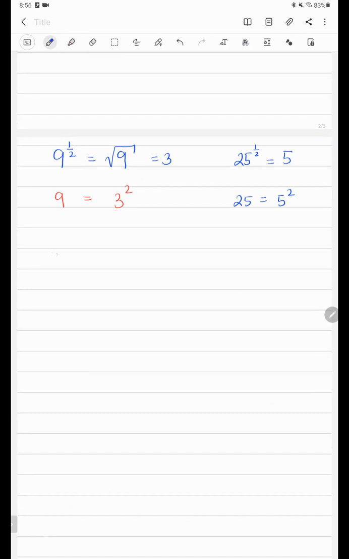Okay. Now, if I have any number, let's say 81 to the power 1 by 4. What will this become? Any ideas, anyone? Okay, let's start with a simpler one.